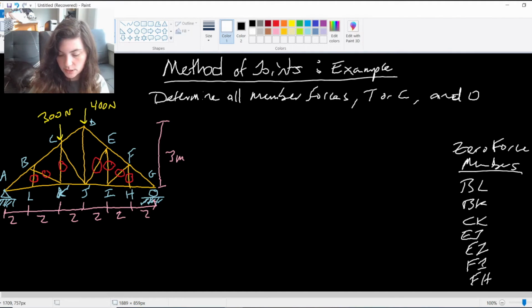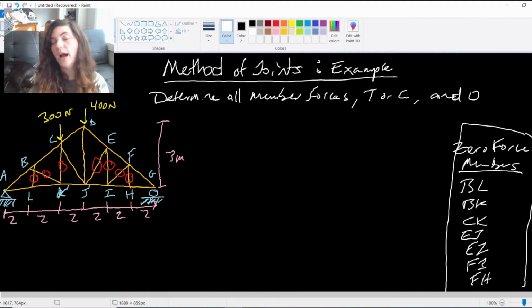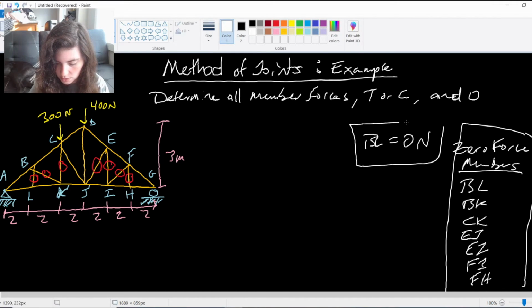I could list them out in a little table like this, or as I'm writing each one of my members out, I can say things like, all right, BL equals 0 newtons. You can write them out either way, just as long as they're all accounted for somehow in your final answer, whether they're just in a list like this or you do actually note BL equals 0 newtons. Either way is totally fine.